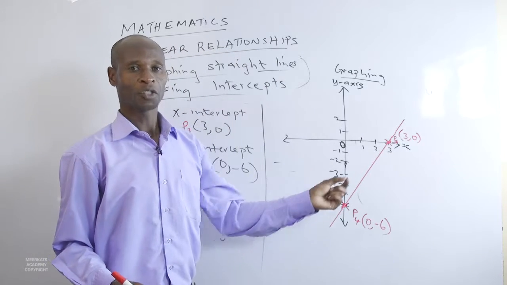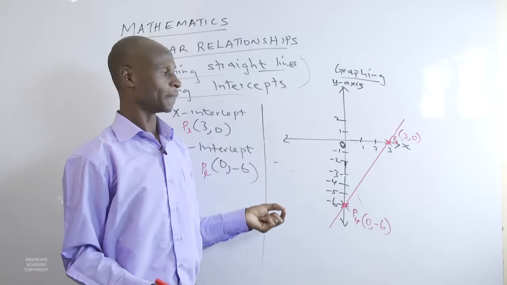Once you join the 2 points, you obtain a straight line.